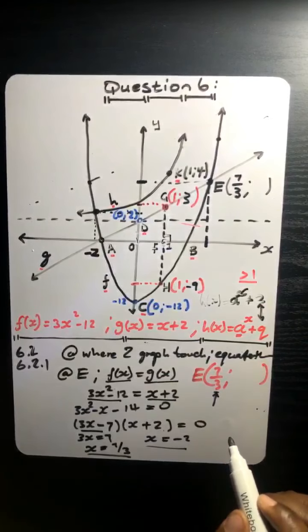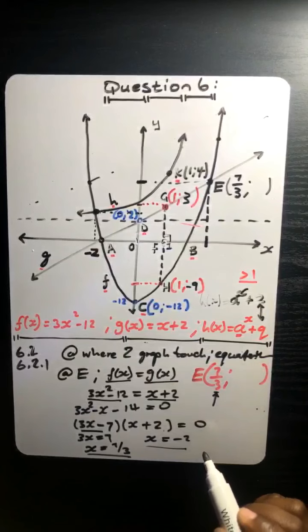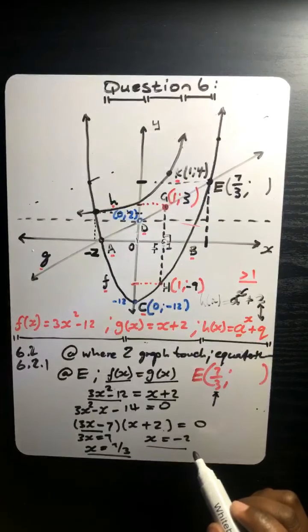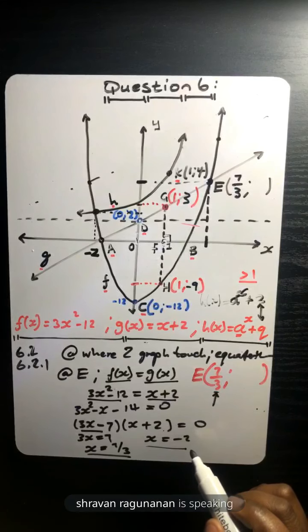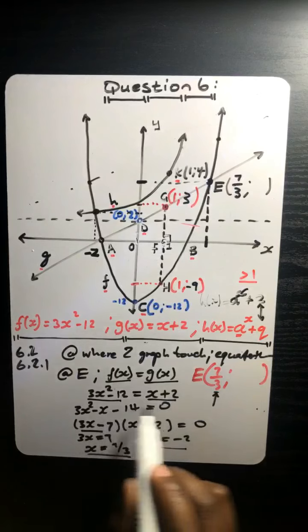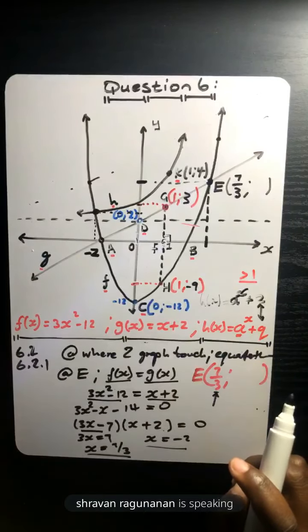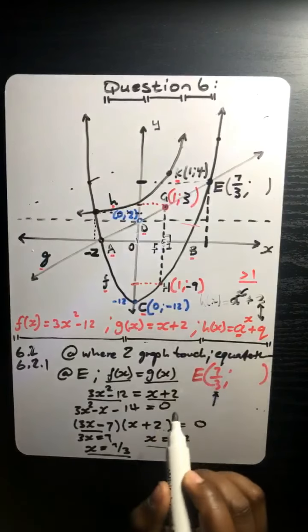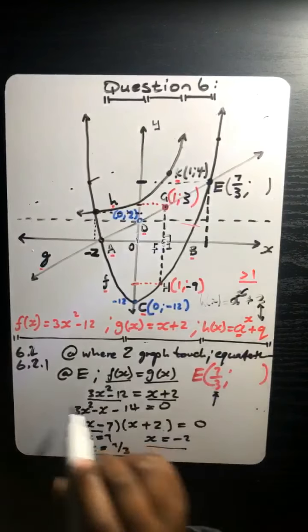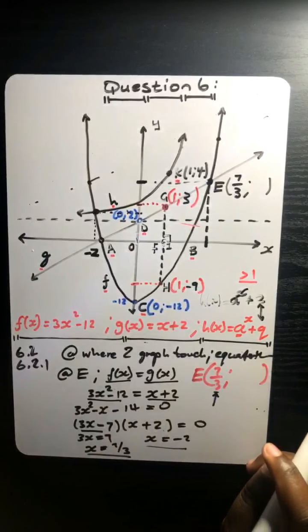What are you guys getting there? Shravan, before I continue, did you get it, Mr. Ragunana? Did you get that part, the explanation? Oh, yes, sir. I got it. 100%. Are you also tracing there, or are you punching on a calculator?